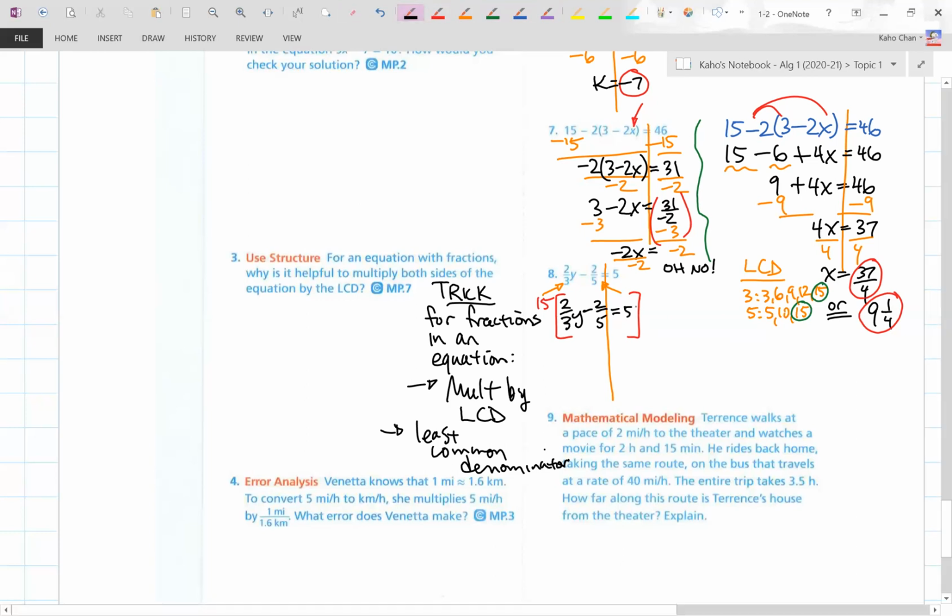Remember, we're going to be distributing the 15 to all the terms in the equation. Here, here, and there. And the reason why we do that is because 15 will reduce the denominator and make it go away. So for the first half, 15 and 3 reduces to 5.